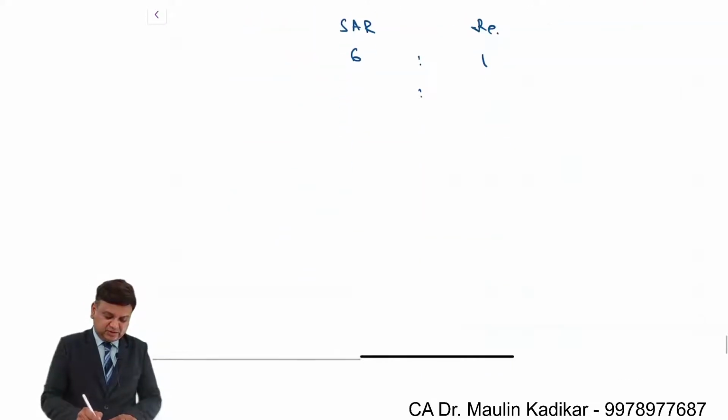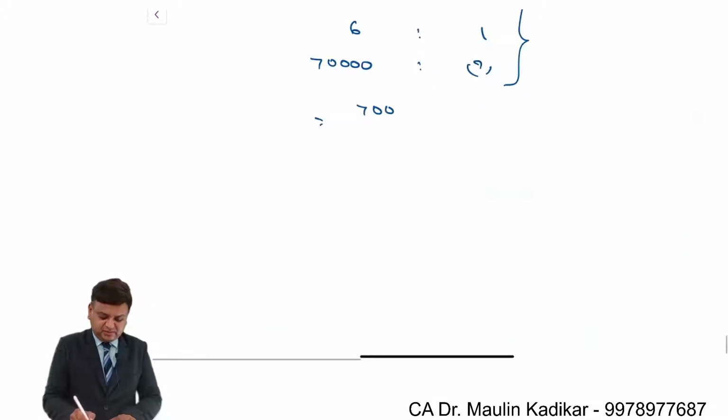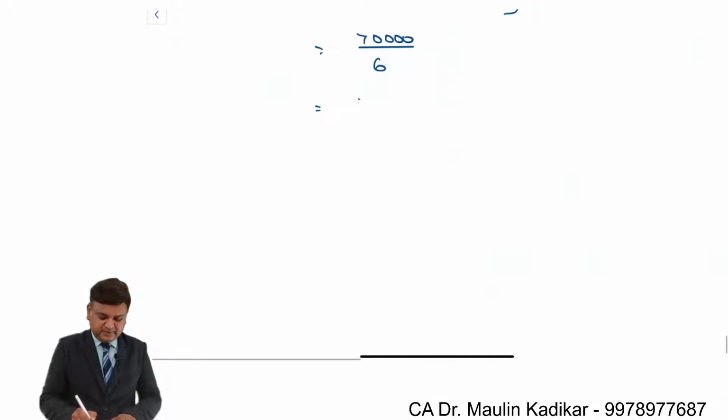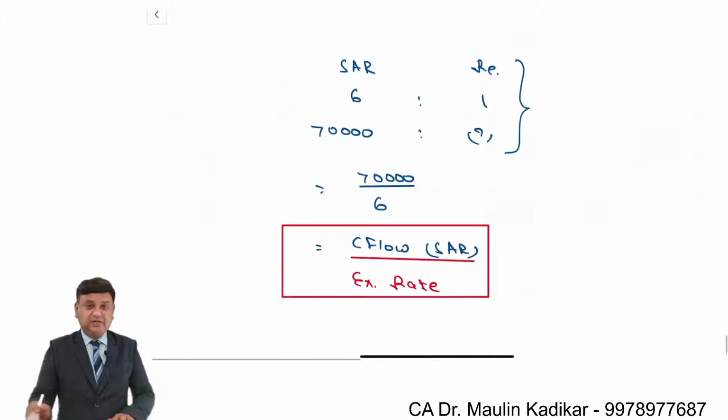So 70,000 South African rupees is equal to this amount of rupees. The answer is going to be 70,000 divided by 6. So the cash flow in South African currency divided by the exchange rate. This is the small formula we have for conversion of foreign currency into domestic currency.